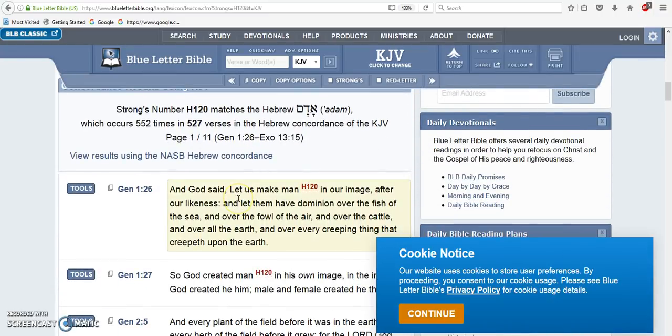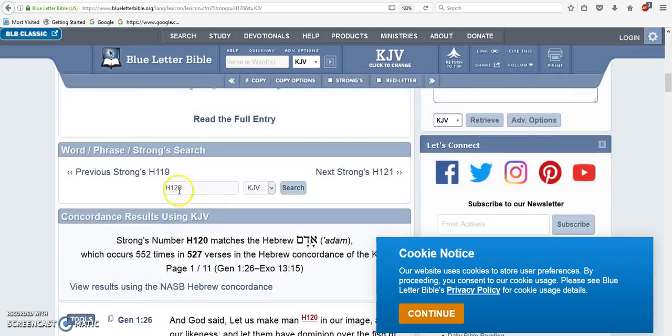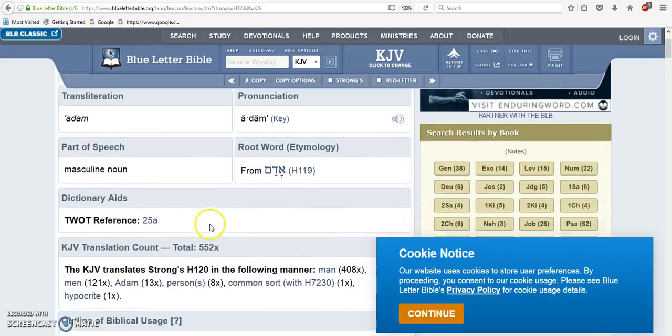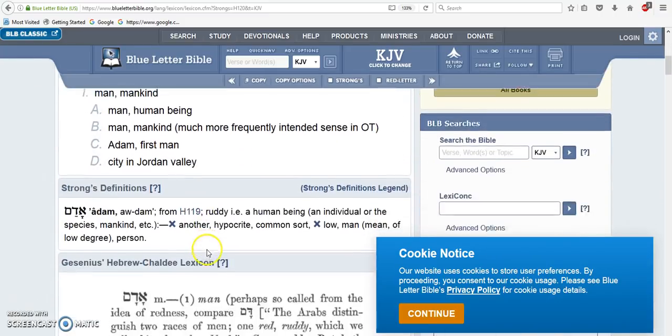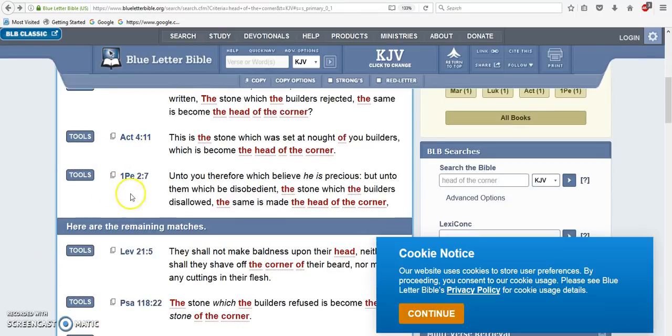It actually goes a little bit beyond that, but the meaning begins to change a little bit after that. But as you can see, Strong's number 120 is the word Adam, which means man, and you see that man was created in Genesis 1:27, and so again, that matches up with the head of the corner, because you see that here in 1 Peter 2:7, which makes the number 127.